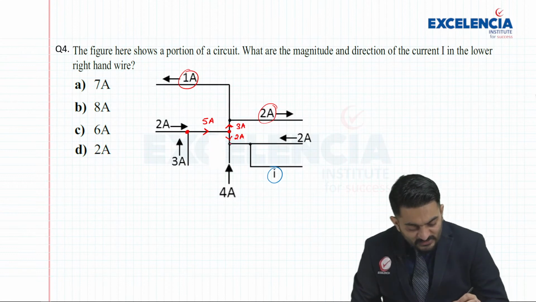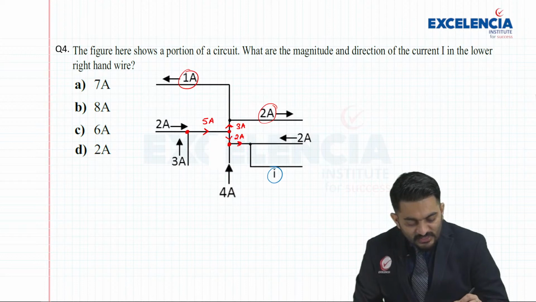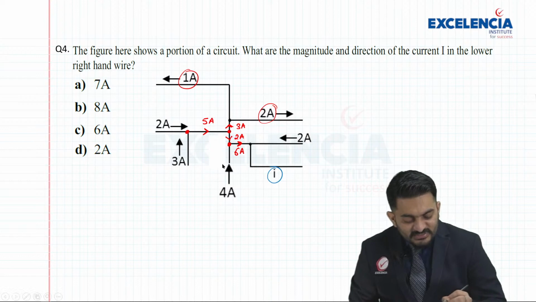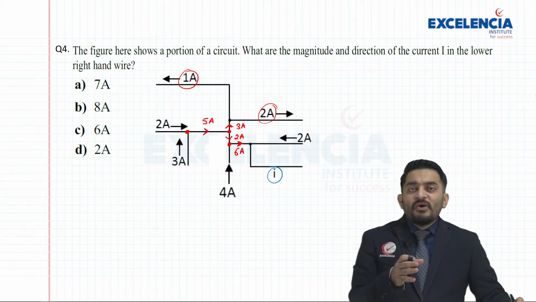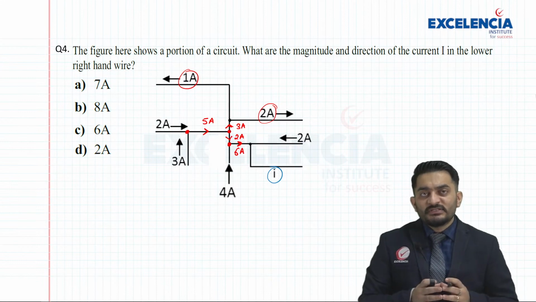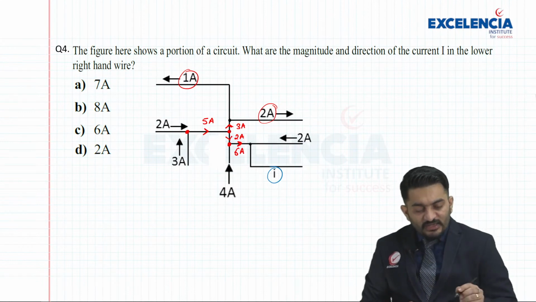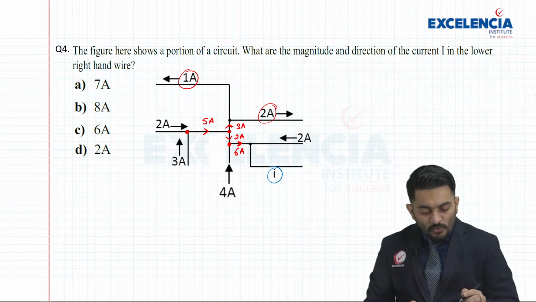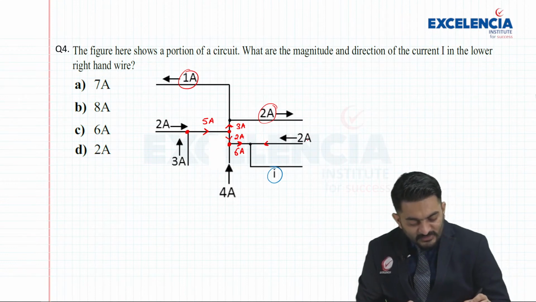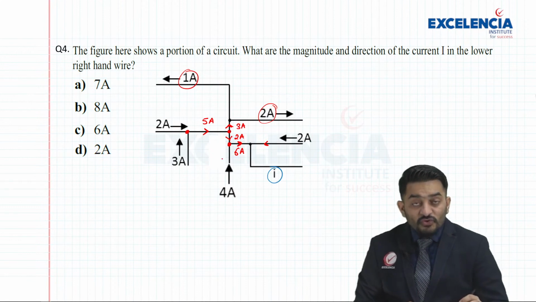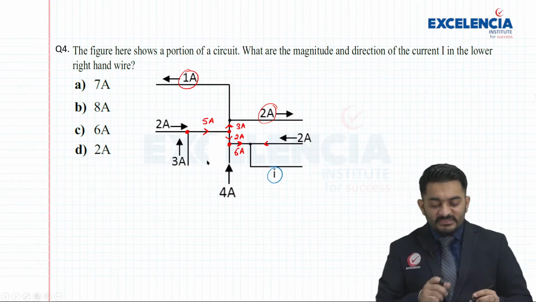Now again, at this particular junction, 2 amp and 4 amp are the two currents entering the junction. That means the total coming out is 2 plus 4, which is 6 amp. Now I have reached the conclusion for the current they have asked. The current entering the junction from this side is 2 amp, which is given to you, and from the other side it will be 6 amp.